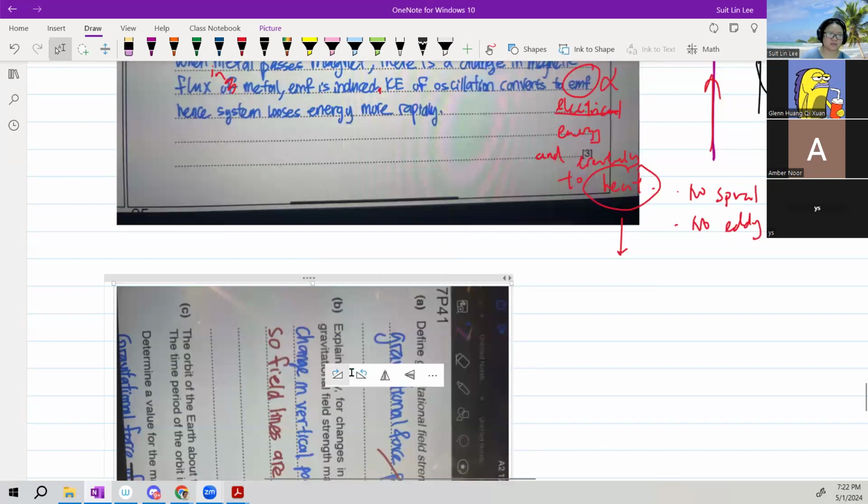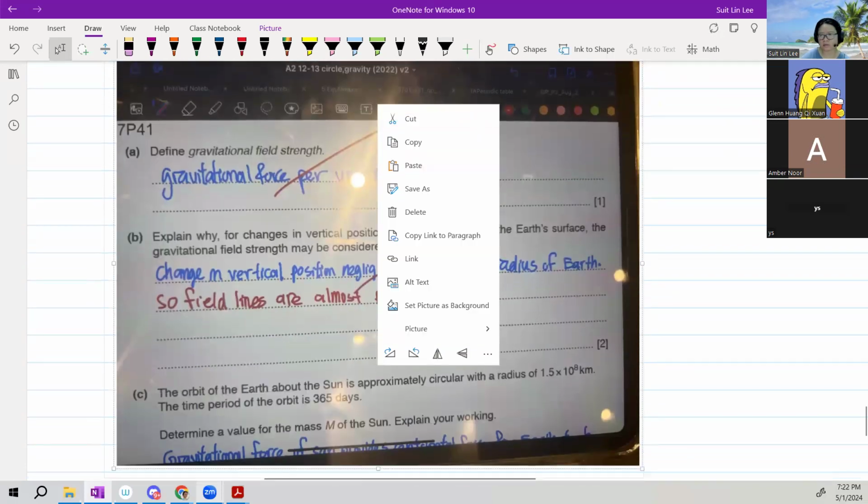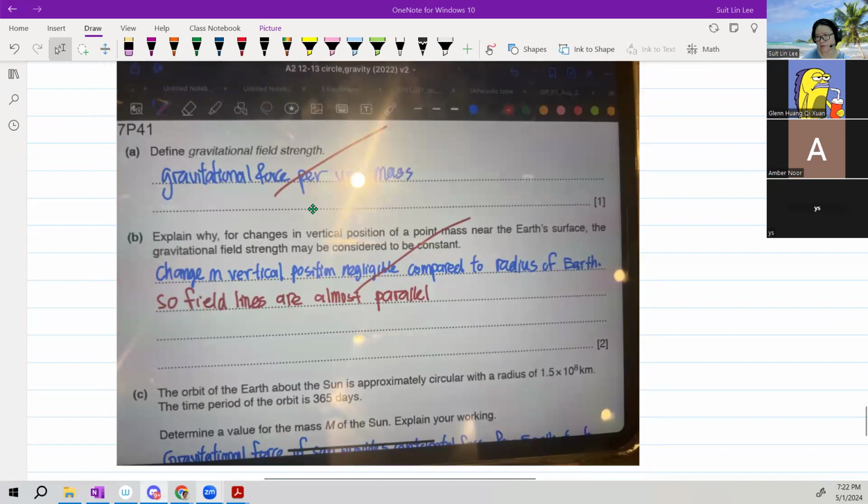Next one. This one, I don't understand your question. What does it mean that field lines are almost parallel? Field line shows the direction of force. So if you are, hang on, I go and find a picture.